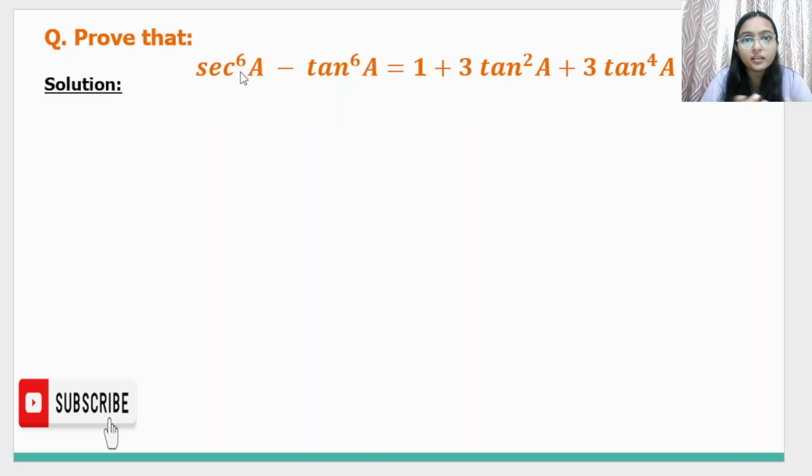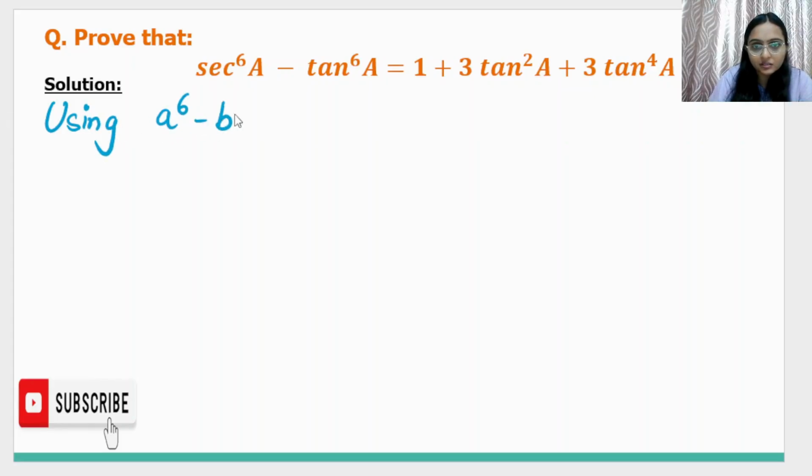and we have trigonometric ratios only in square terms. So we are going to use this formula: a raised to 6 minus b raised to 6. Whenever we have something like this, we can write it as a square the whole cube minus b square the whole cube.